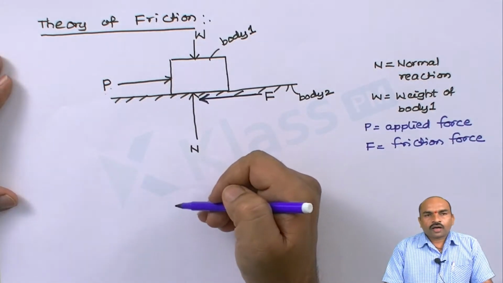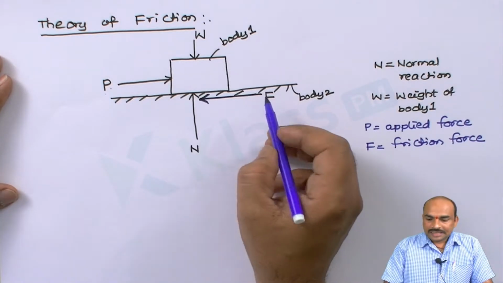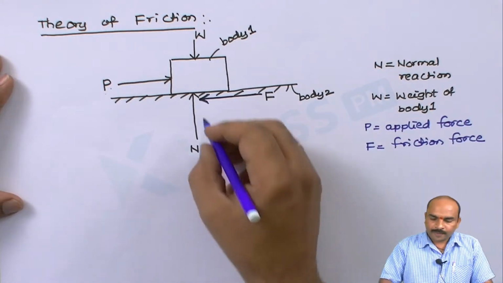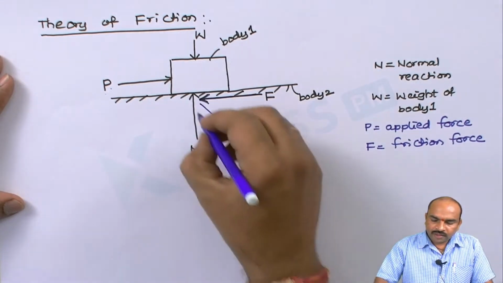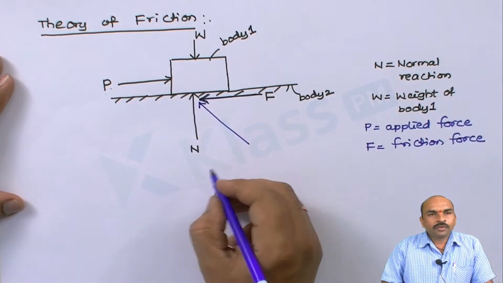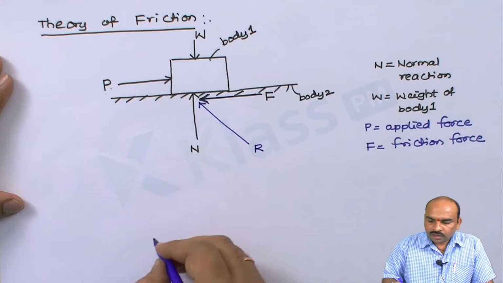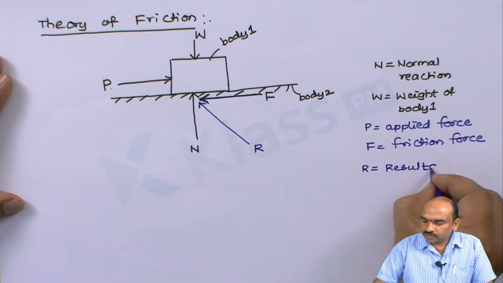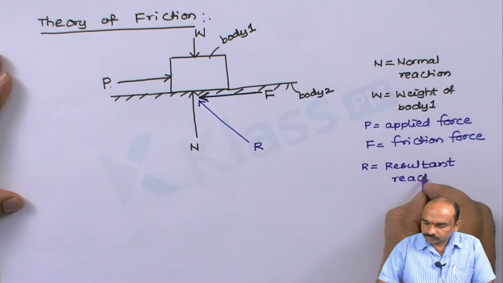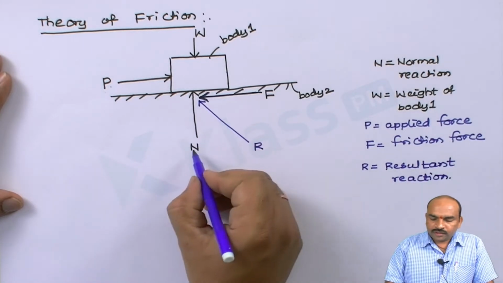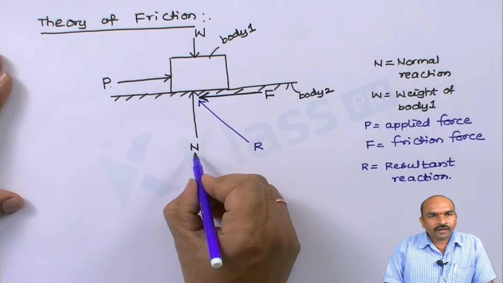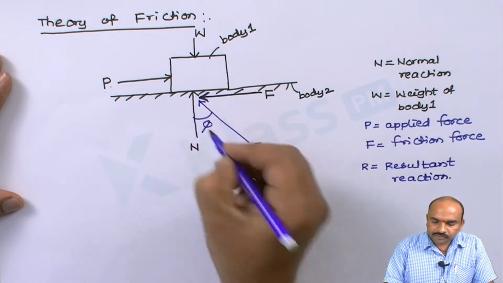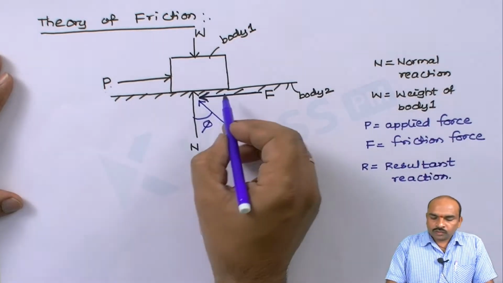Now I want to calculate the resultant of the friction force F and the normal reaction N. There is a reaction force acting between these two. Let R be the resultant reaction. Let the angle between the normal reaction N and the resultant reaction R be, let us say, phi.